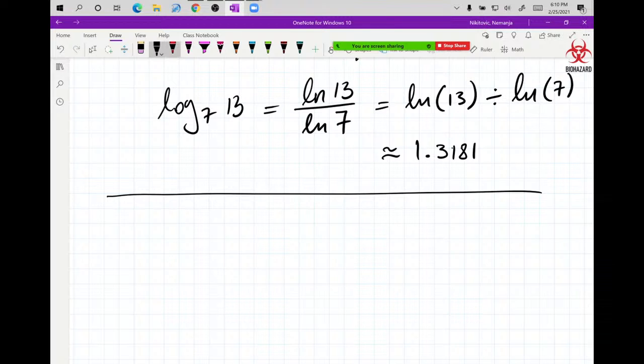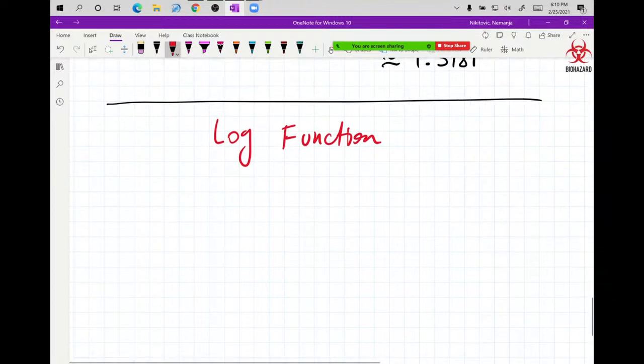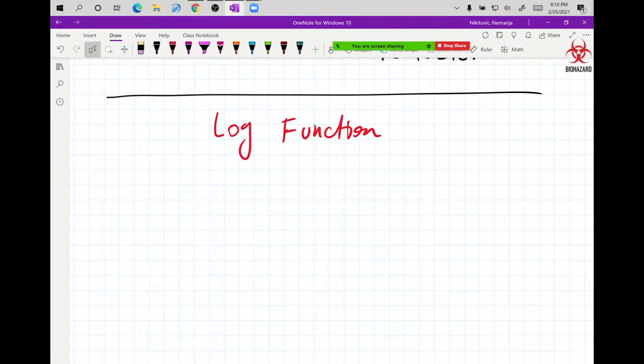Well, now it's time to introduce the log function, the logarithmic function. Logarithms are ways to compute, right, two numbers into a third number, to combine two numbers through logs.